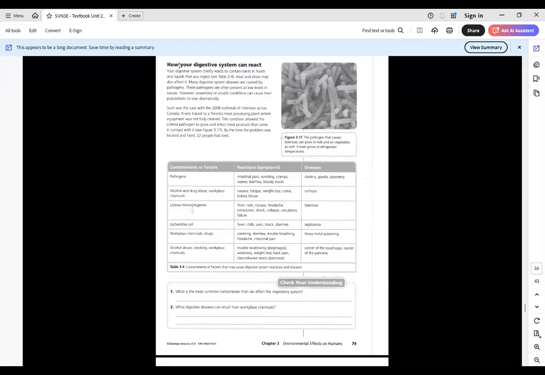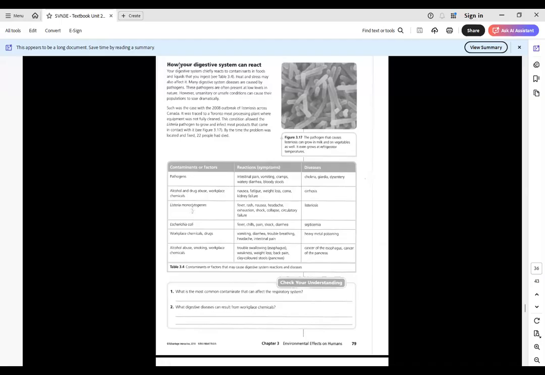So I guess technically, if you wanted to look at the effect of Listeria and E. coli as another workplace chemical, those are technically, I suppose, when we think about the meat processing factory, it did have Listeria in the factory. I'm not sure if anybody in the factory was affected, or if it was the people eating the meat that was packaged and processed at the factory.